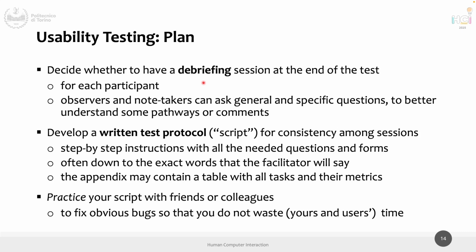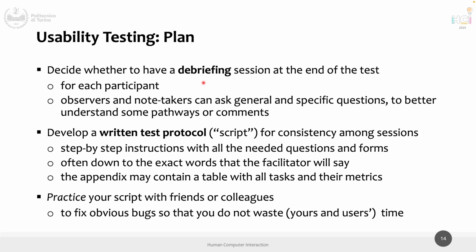All these decisions need to be written down in a written test protocol that's typically called a script, for consistency among sessions. This script contains the step-by-step instructions with all the needed questions and forms that you need to deliver to the participants.